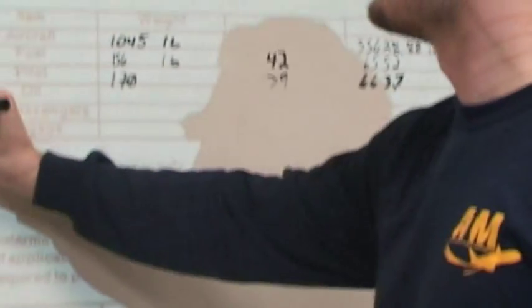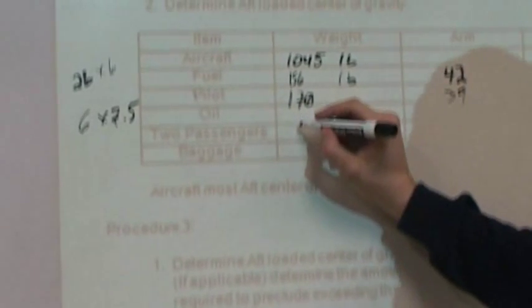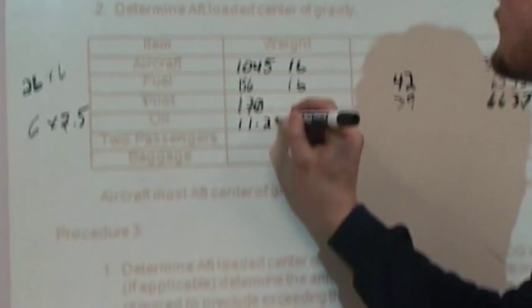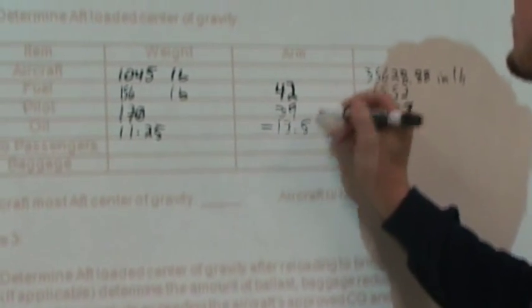We go with full 6 quarts times 7.5, which is the FAA standard, and that comes out to 11.25, with an arm of negative 13.5. And that gives us a moment of negative 151.875.